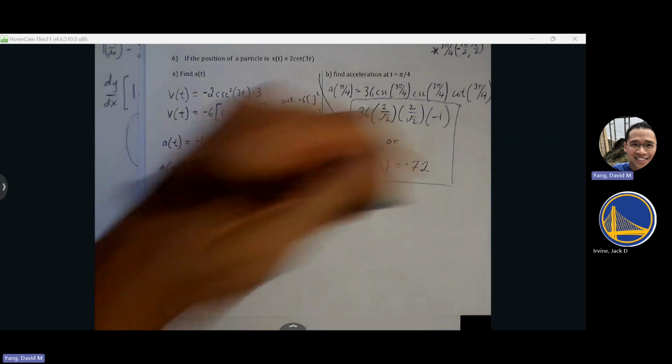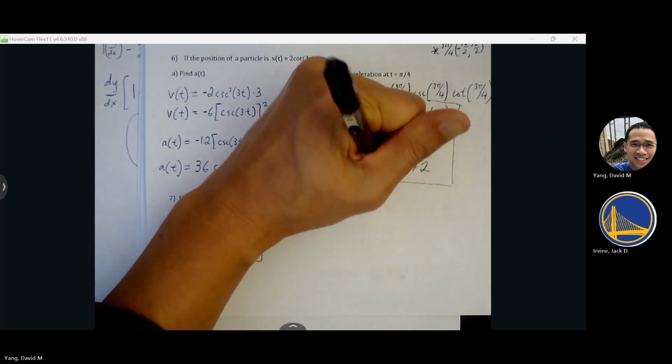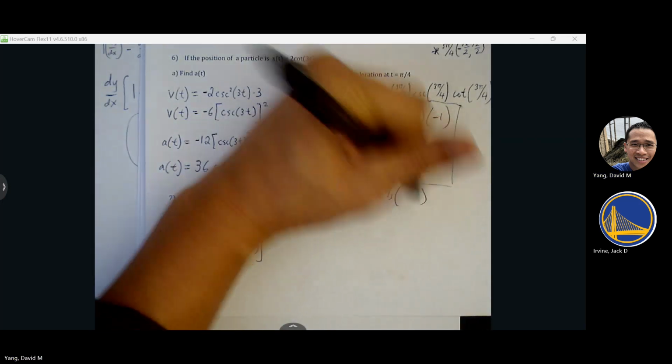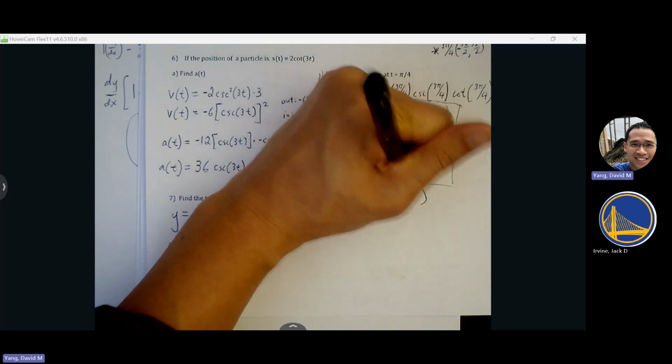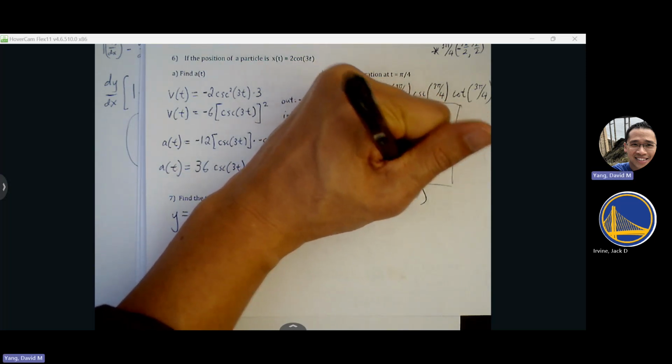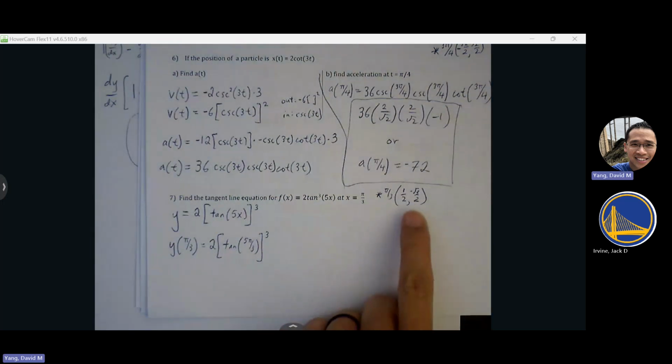And 5 pi over 3 are our ordered pair. Unit circle is 1/2, -√3/2. So tangent, we know tangent is going to be y over x. We can cover the denominator here, so -√3/1, which is -√3.